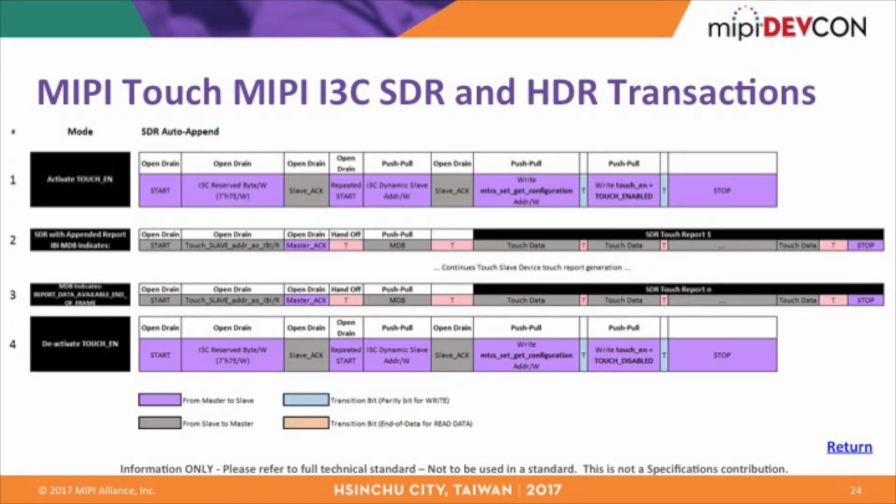And you can keep getting interrupts 1, 2, 3, 4, all the way until the entire touch is reported. Finally, the host will deactivate the touch sensor, and that's the end of the transaction. It's so clean because we're using in-band interrupt.